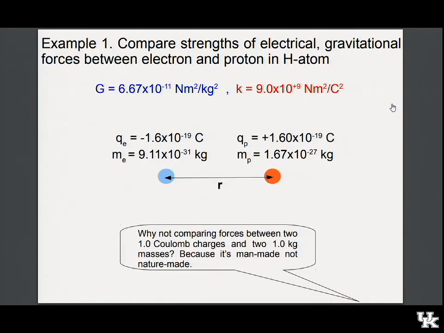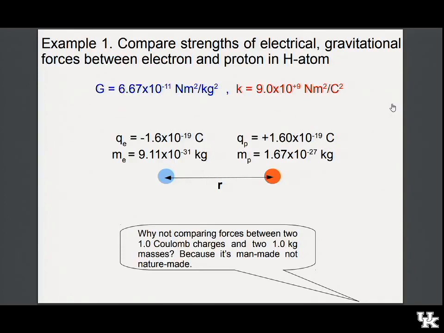What we're going to do is think of a hydrogen atom, which, as you know, is a combination of an electron and a proton. And here's my picture of a hydrogen atom. The electron is over here on the left-hand side and the proton is over here on the right-hand side. They're separated by some distance. And we're going to compare the electrical force between the electron and the proton's charge. I've written those charges here.